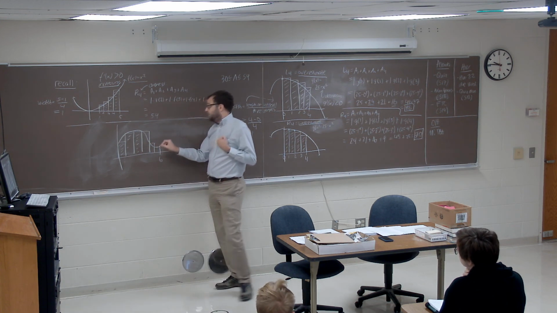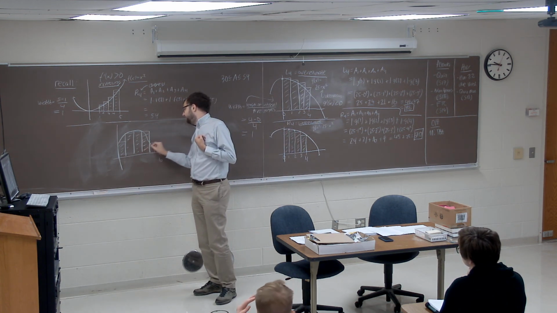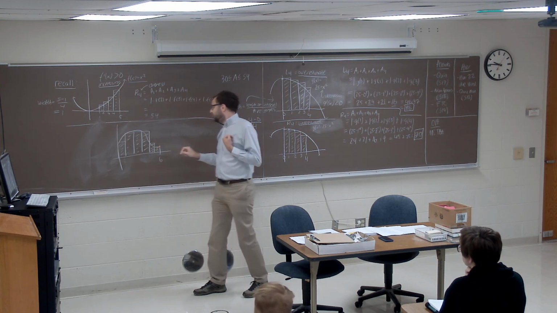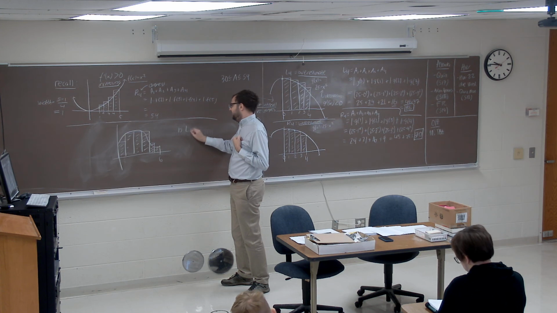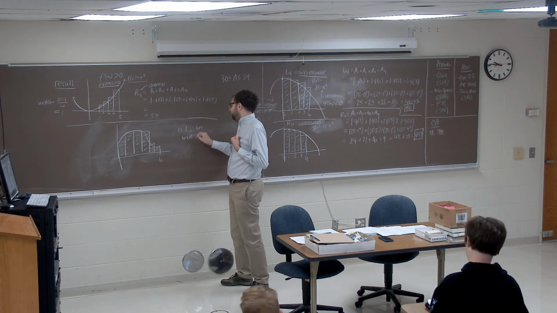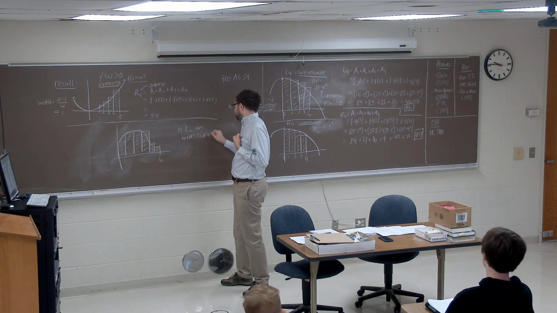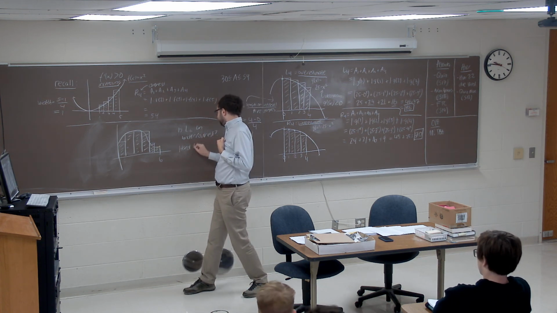But then when the function switches to decreasing, suddenly they give too much area. And so if we want to ask the question, is L6 an under or overestimate? I would say it's hard to say.